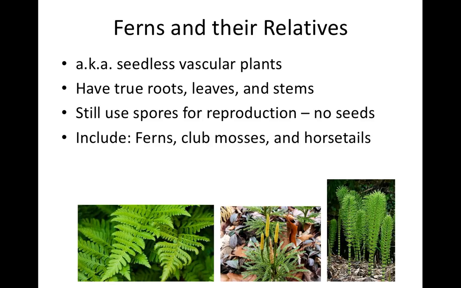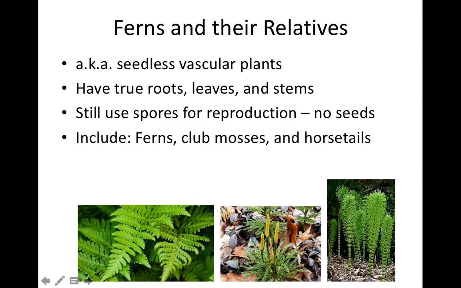So in this group, we have ferns, and you can see an example of one here. There are a lot of species of ferns, I think somewhere upwards of 11,000, which is quite a lot. But there are also a couple of other relatives in this group. Club mosses are a little bit similar. They're smaller and look like little pine trees, so sometimes they're called ground pines, but they reproduce in a similar way to ferns.